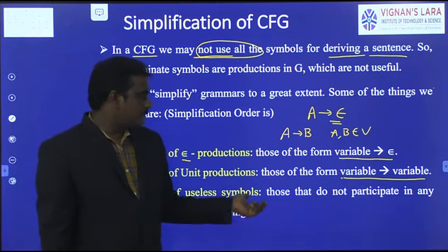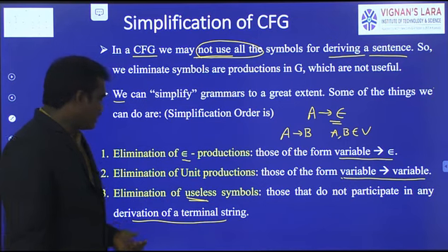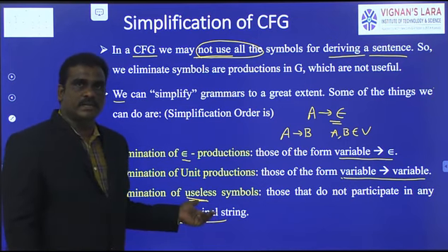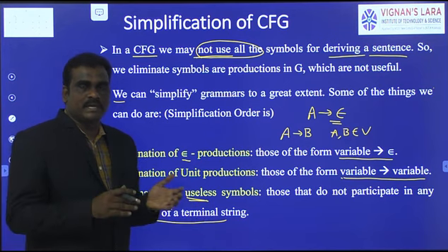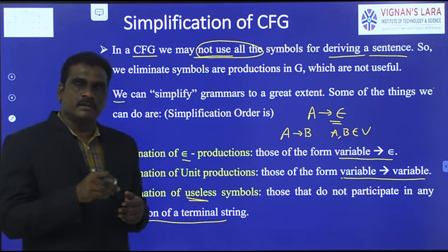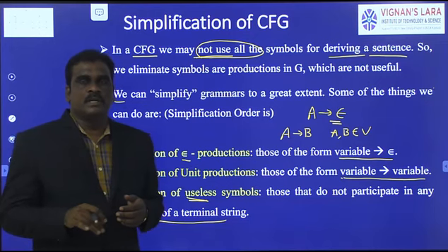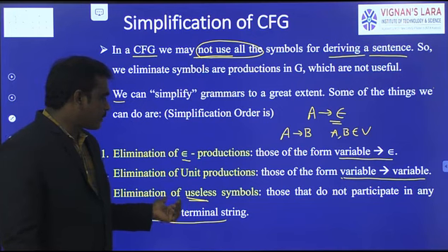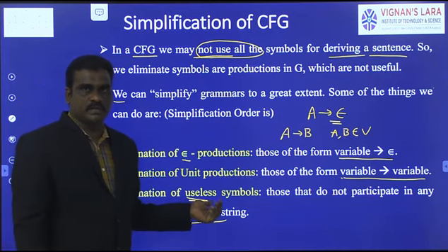Suppose the grammar contains some symbols; in the derivation process each and every symbol should be used. Suppose some of the symbols may not be applied, so those symbols we can call useless symbols.